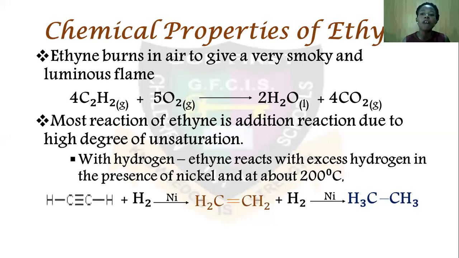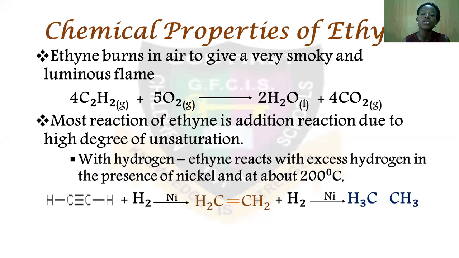Remember that all carbon-containing compounds burn in oxygen to give carbon 4 oxide. With sufficient oxygen you get carbon 4 oxide. Right there, you have your equation. Then another reaction is that most reactions of ethyne are addition reactions. We talked about addition reactions in our last class. Addition reaction is when the double bond, the unsaturation, is broken.